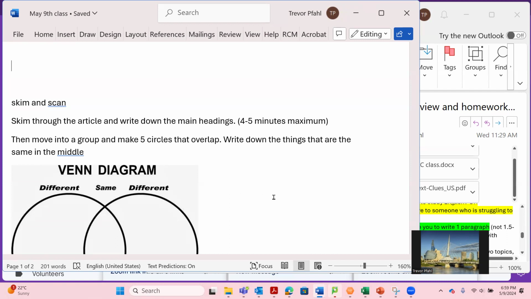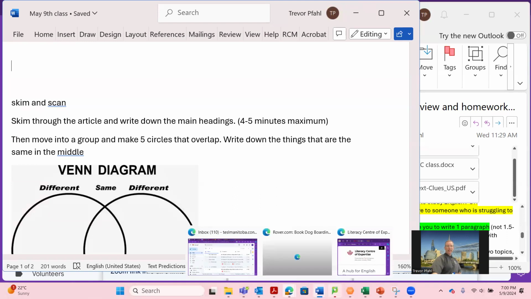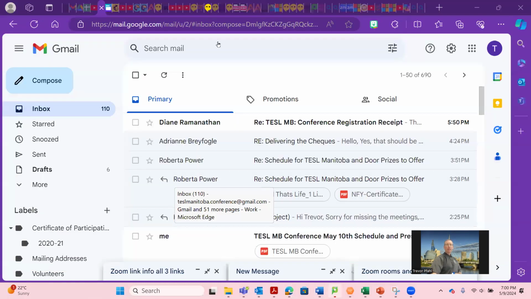Okay, so what you're going to do with your partner is look at two articles. Each of you will look at one article. In the article, you're going to be just looking at the headings. Let me show you.